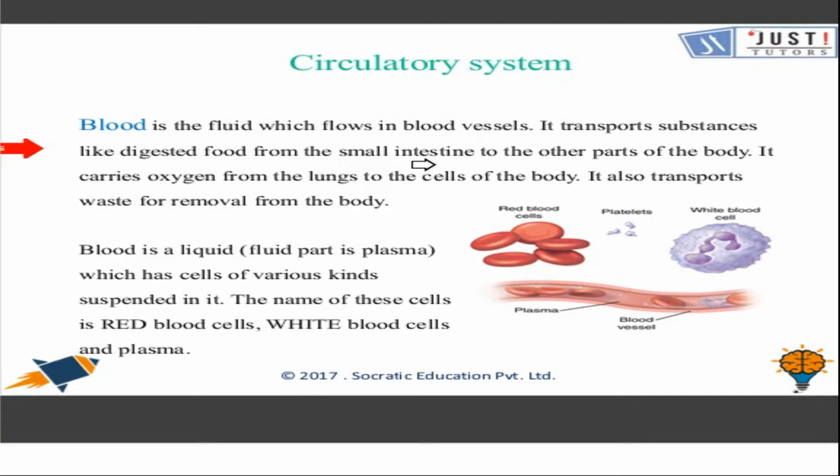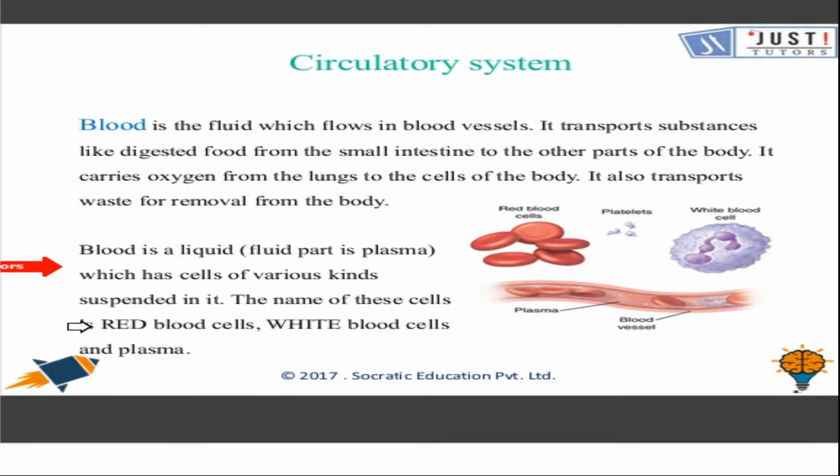The small intestine helps transport substances like food to the other parts of the body. It carries oxygen from the lungs to the cells of the body. It also transports waste for removal from the body.